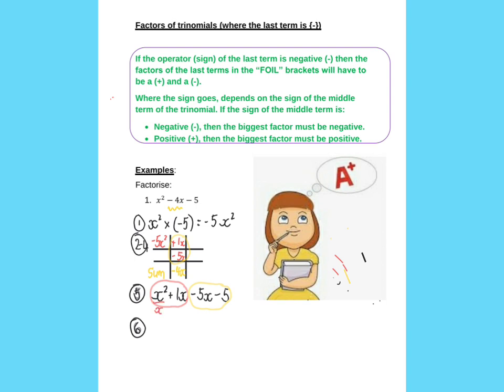So I divide each term there by the common factor x, and I write x, and then the remainder goes into the brackets. X squared divided by x is just x, and then plus 1x divided by x is 1, because x divided by x is 1. I've factorized my first group.